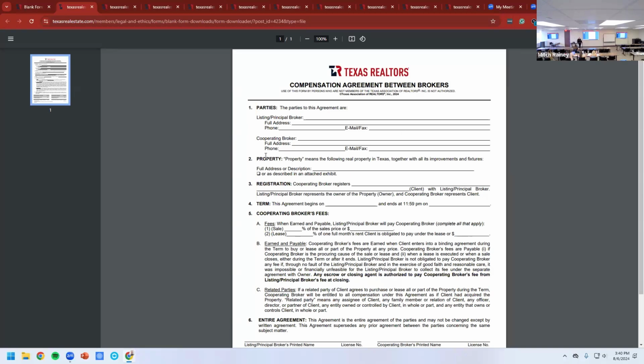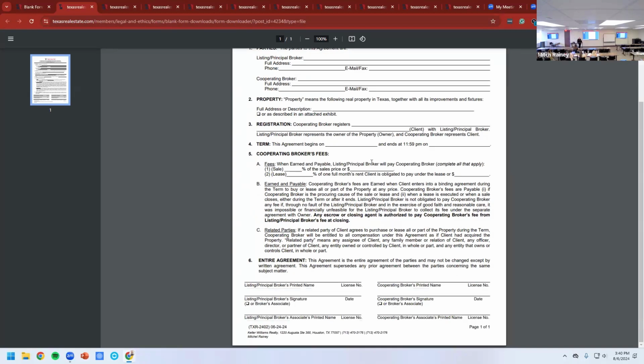So the principal broker, cooperating broker, the address of the property, registration, who's the client that they're bringing, cooperating broker's fees, when earned and payable, percentage, flat fee, or if it's a lease. Talks about related parties, so if they bring their brother in to buy the house, you're still getting your commission.